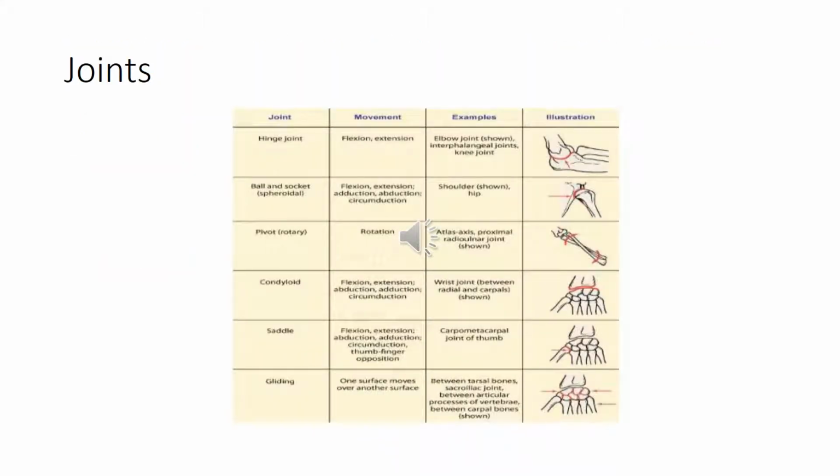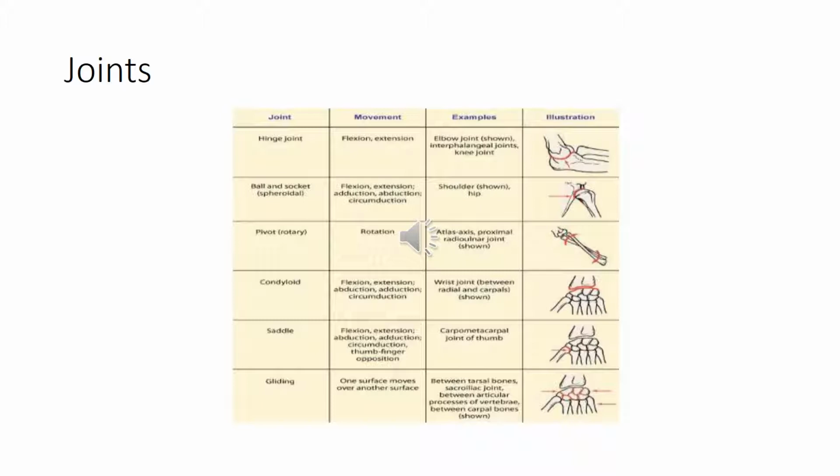So now let's review the joints. A joint or an articulation is a place where the ends of 2 bones are in proximity and move in relation to each other. So joints are classified by the degree of movement that they allow. The picture on this slide might not be very clear. The same picture is in your book on page 1492.